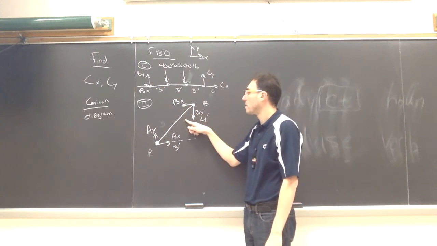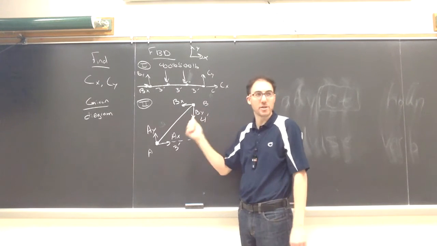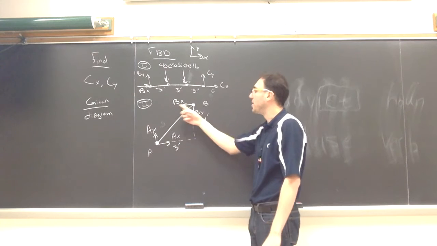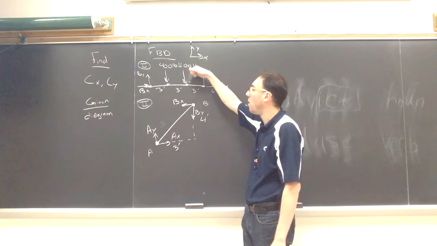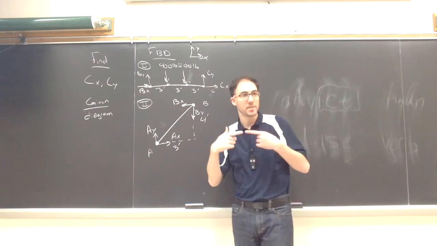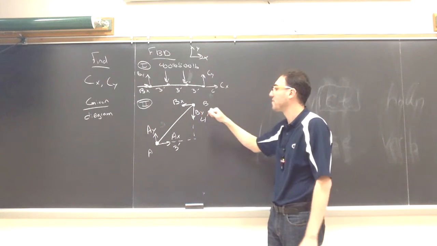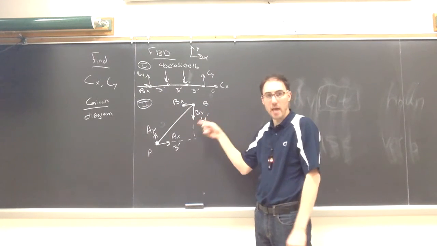In this picture, because of Newton's law, every action has an equal and opposite reaction. This BX and BY is what member 1 does to member 2. Because they're acting in opposite directions, whatever assumption I make in one picture, I have to draw in the opposite direction in the other.